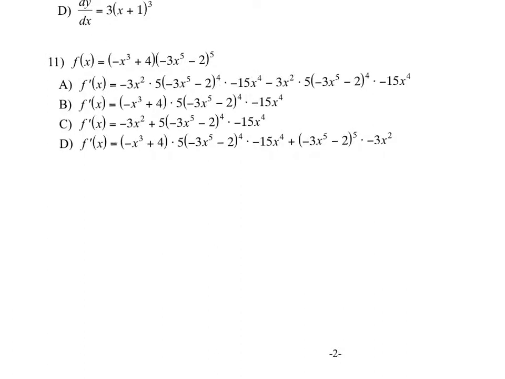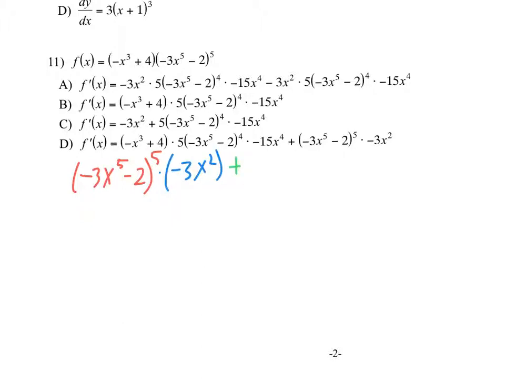For number 11, we've got a product rule with some chain rule stuff going on as well. So that's going to be negative 3x to the fifth minus 2 to the fifth times the root of the first, which is going to be negative 3x squared.